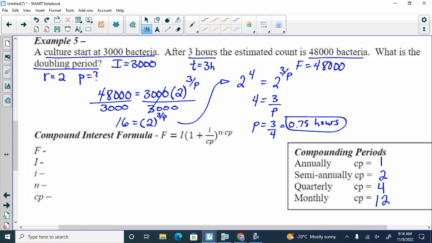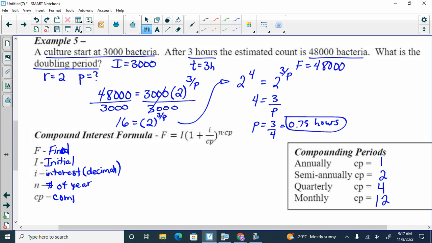These all mean the same thing. You can write down what all the things are again if you want to, but they mean the same. So it's final, final amount, initial, interest. It has to be in decimal form per usual. This is number of years, and this is compounding.